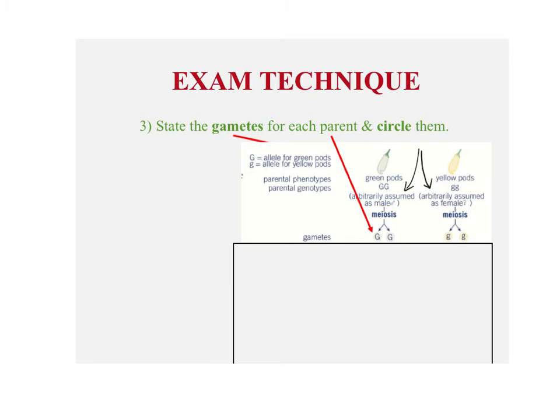I don't think you really need to worry about it. You need to be careful. In an exam question, it might say that the maternal parent, or the mum, has got a homozygous recessive genotype, for example, and the dad is a heterozygous genotype. So make sure you're reading that information.